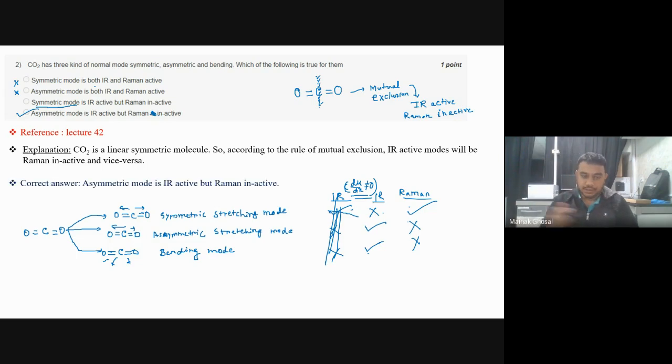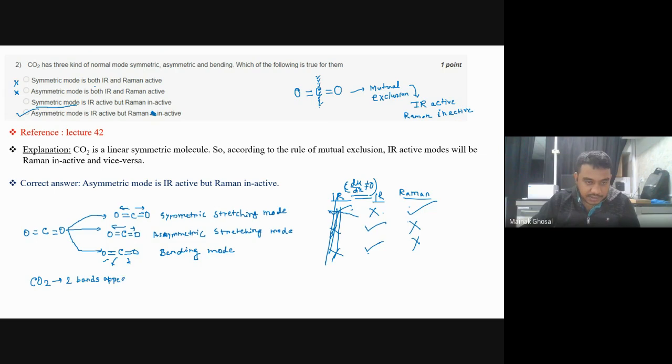Just a small query. For CO2, it was shown that in the IR spectrum two bands appear.